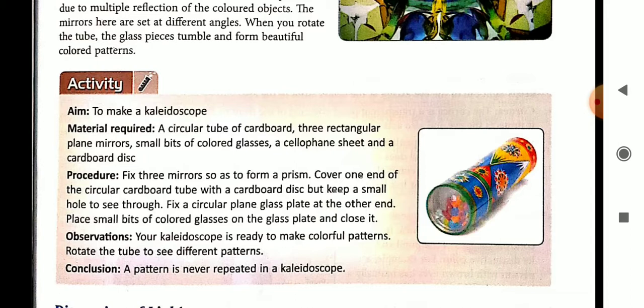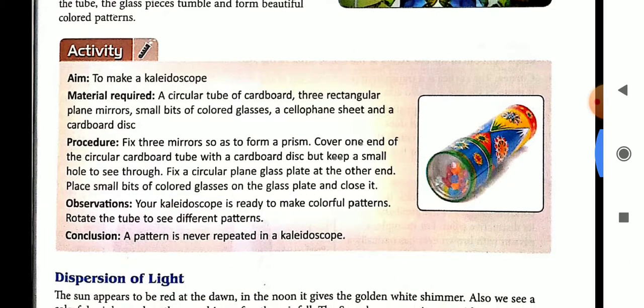Generally it is used by submarines so that they can see the objects just above the water because the submarines move inside the water.